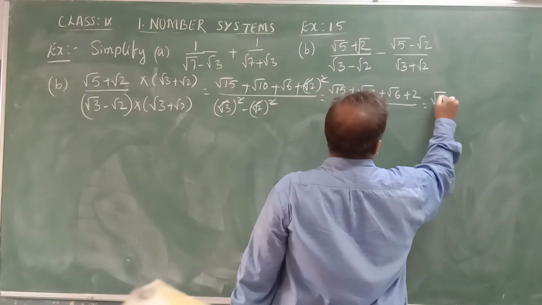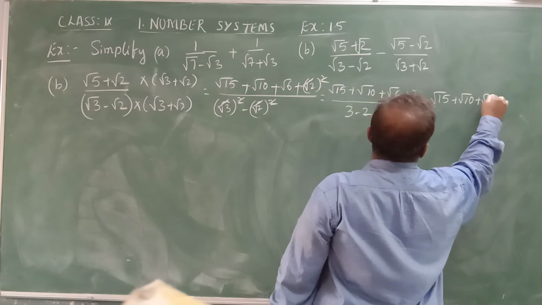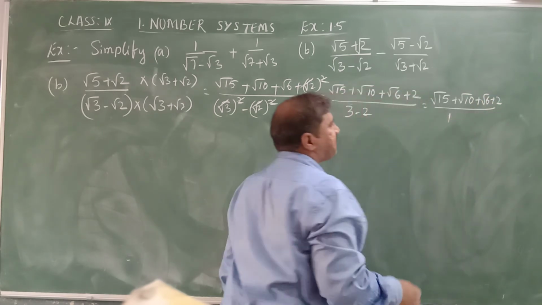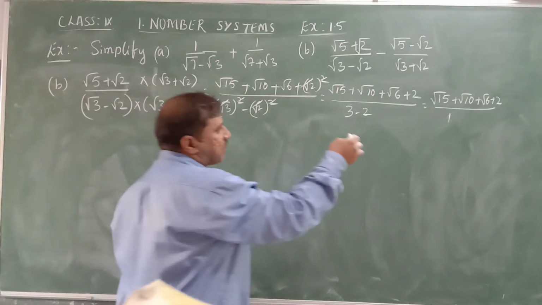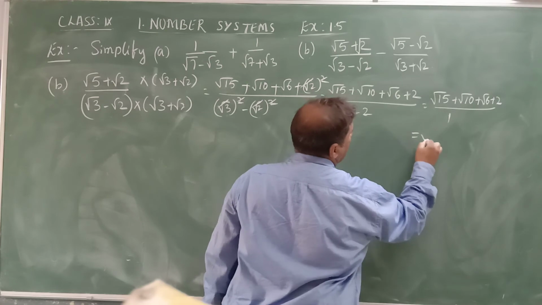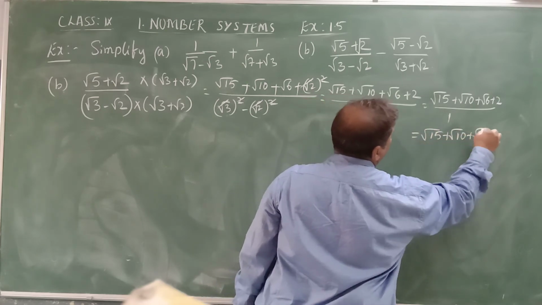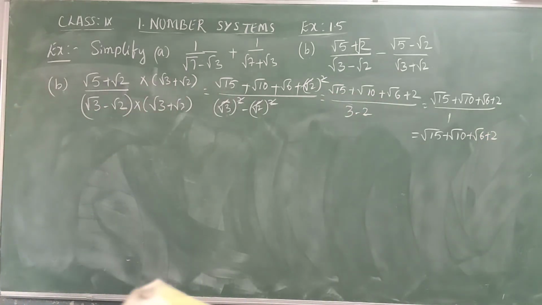So that is root 15 plus root 10 plus root 6 plus 2 divided by 1, which gives root 15 plus root 10 plus root 6 plus 2. So that is the simplified form of the first term.